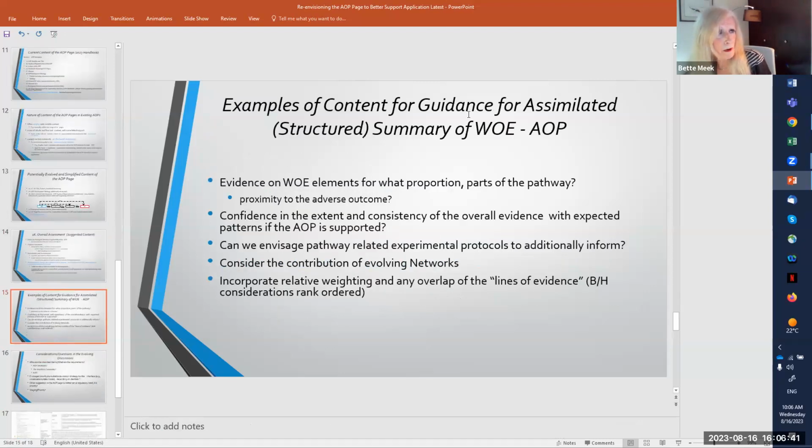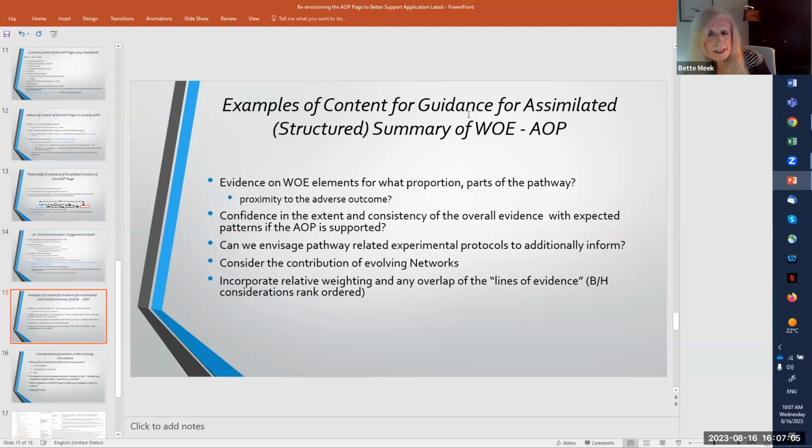Some of the examples of context for guidance for the assimilated summary of weight of evidence on the AOP page: You have evidence on the weight of evidence elements for what proportion and parts of the pathway. It's helpful to understand the proximity of the evidence collected to the adverse outcome, on which KERs, how close they are to the adverse outcome.